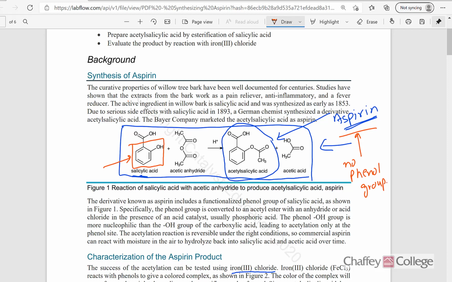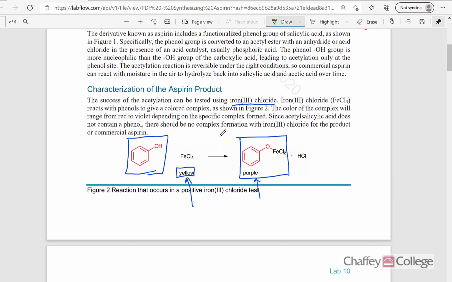So if our reaction is 100% complete, meaning that all of salicylic acid has reacted and we have only aspirin as a product, and in that product we add a few drops of iron 3 chloride solution, the color should not change because we do not have any phenol group.